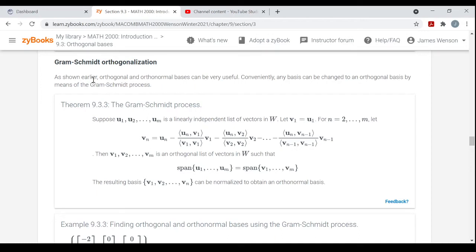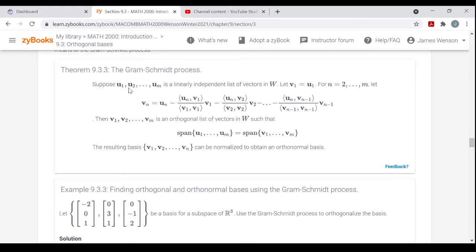So as shown earlier, orthogonal and orthonormal bases can be very useful because they're independent and whatnot. Conveniently, any basis can be changed into an orthogonal basis by means of this thing called the Gram-Schmidt process. All right, so here it is.